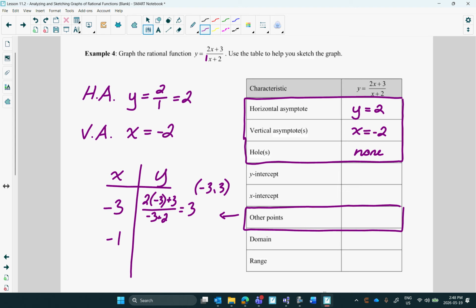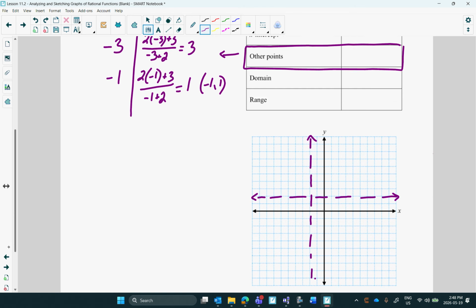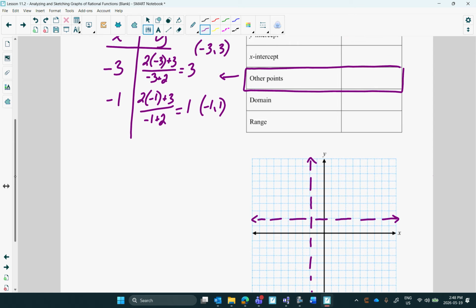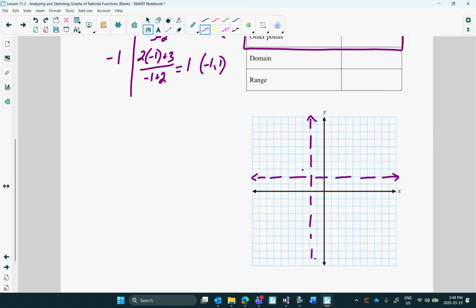So that's a point on our graph. Do the same thing except plug in -1, which gives 1. Plot those points. So -3, 3, -1, 1. And remember, your curves go along the asymptotes.